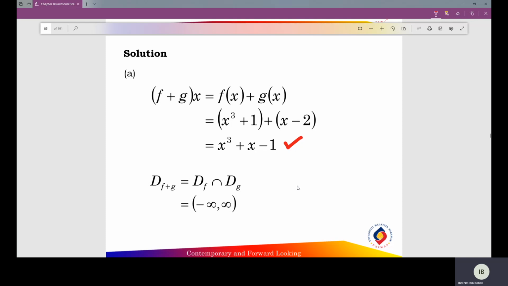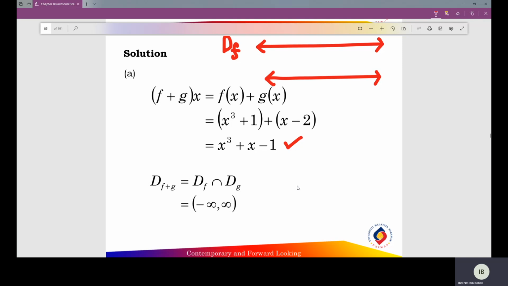And you find the domain of f plus g equals the domain of f intersect domain of g. Okay, so you draw the number line here. First you draw the domain of f(x).